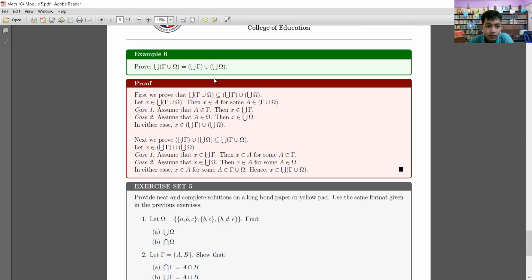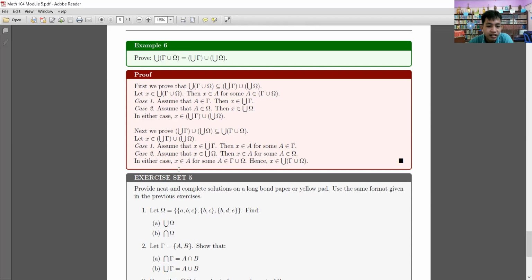Next, we start here. So let X be in here, union of tau, union with union of omega. So case 1, assume na nasa union of tau ka. So by definition, X is in A for some A in tau. Case 2, pag nasa union of omega ka, then X is in A for some A in omega.